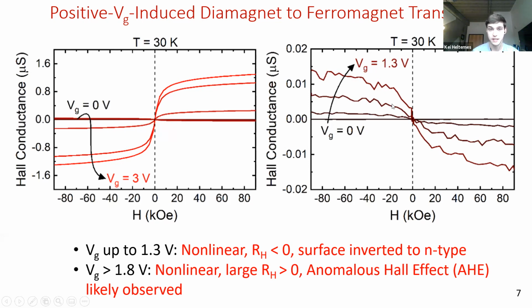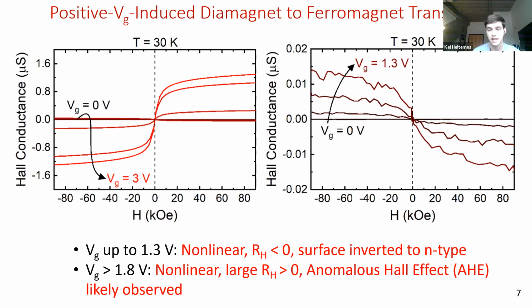Like I said, we attributed those to the ordinary Hall effect, but the anomalous Hall effect is so much larger and sensitive to the magnetization that when the material becomes more and more magnetized, the signal actually becomes larger. And we see that happening here with larger and larger applied gate voltages. This is telling us that we're seeing some sort of magnetization, but we don't necessarily know if it's ferromagnetism. It might be paramagnetism because we don't see any open hysteresis loop. Note, we are currently at 30 Kelvin.